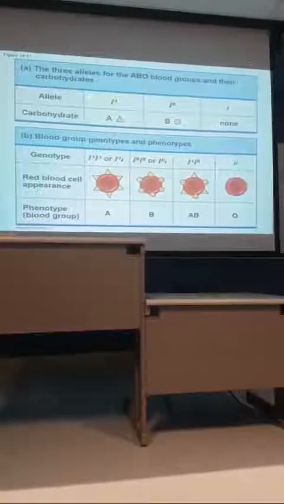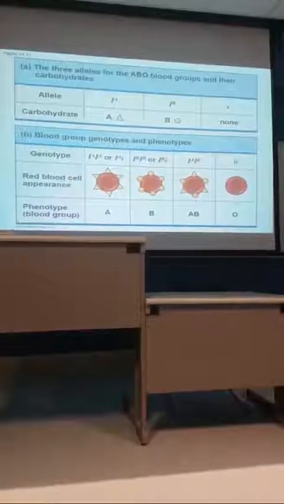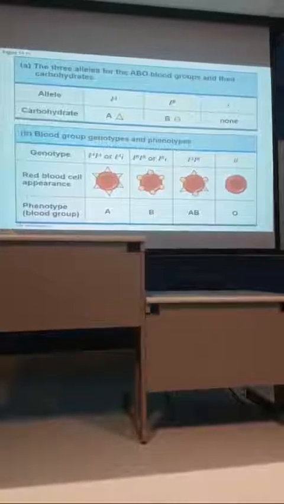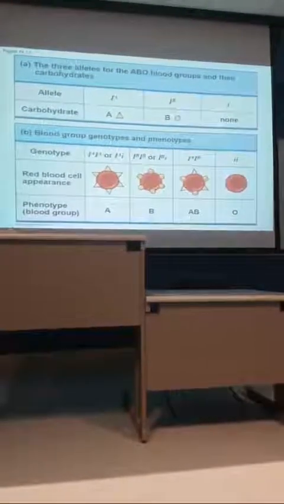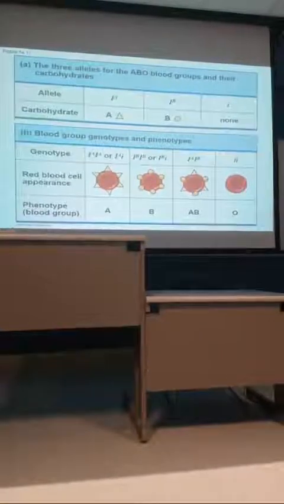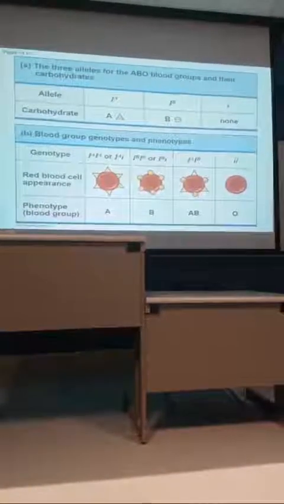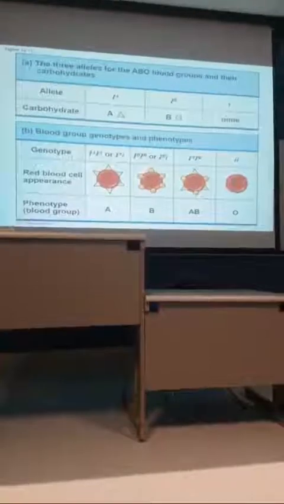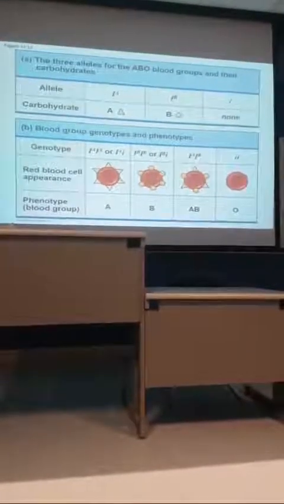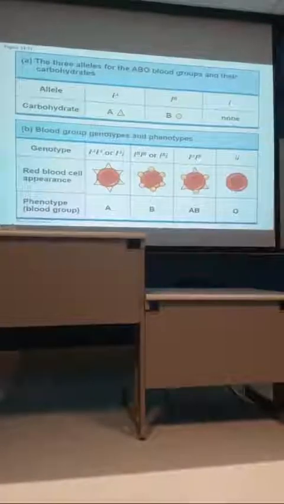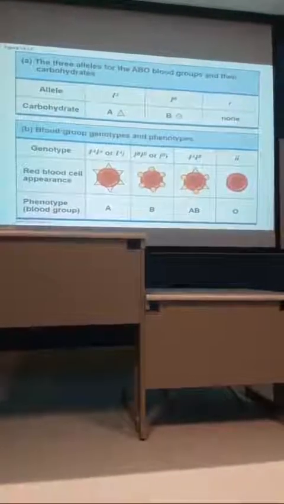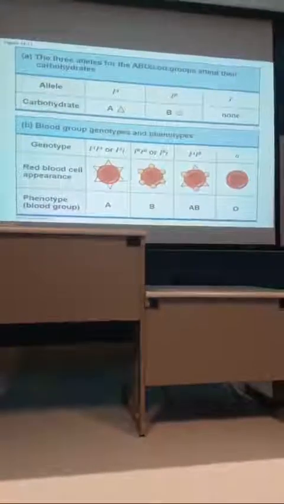You can have one parent give you the type A, the other parent give you the type A, or one gave you neither. It gave you this i. So the only factor there is an A, it will be A, that'll be your blood type.